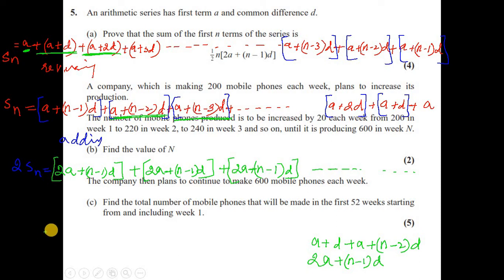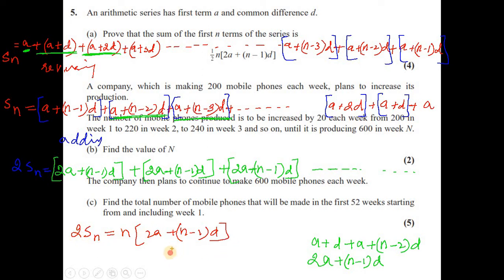So finally you can write that you have 2Sn on the left hand side, and on the right hand side you have n such terms of 2a plus n minus 1 d. So n times 2a plus n minus 1 into d, and then you send 2 to the other side.